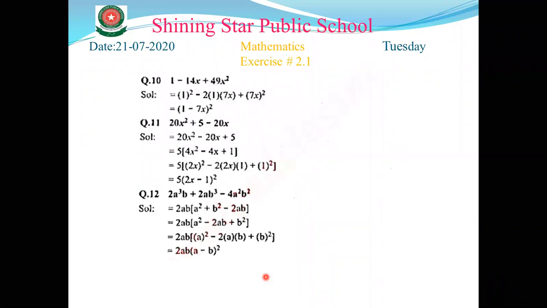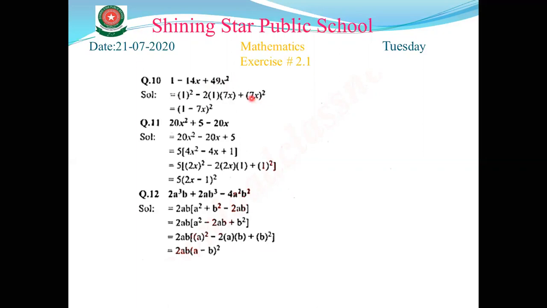Okay, question number 10. 1 minus 14x plus 49x square. Now in this question, we can use the formula. 1 is the square of 1. Now 49 is the perfect square of 7. 7 square is 49, and x square is the square of x.